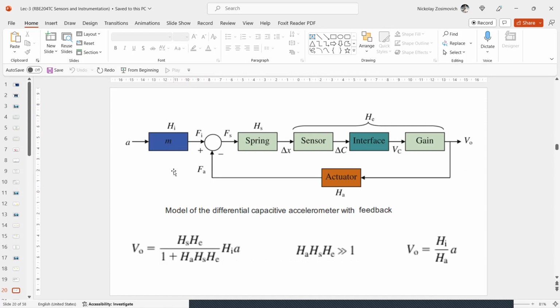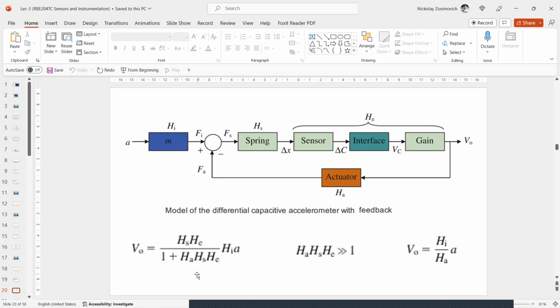Okay? So the transfer function of the whole system can easily be derived from this model and is given on the left, and we can see this first equation.